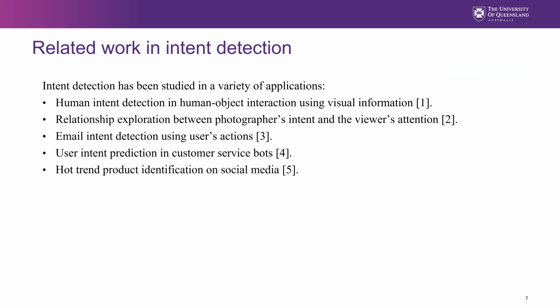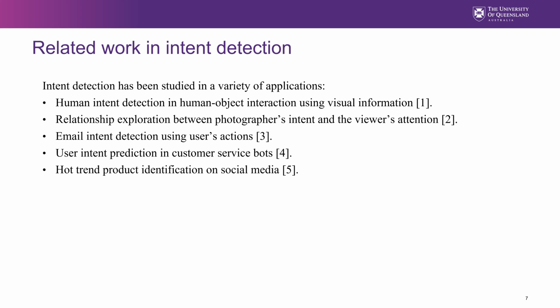Here is some related work in intent detection, because an editorial is actually a piece of social news with marketing intent. So editorial detection is a kind of human intent detection. Human intent detection has been studied in a variety of applications.